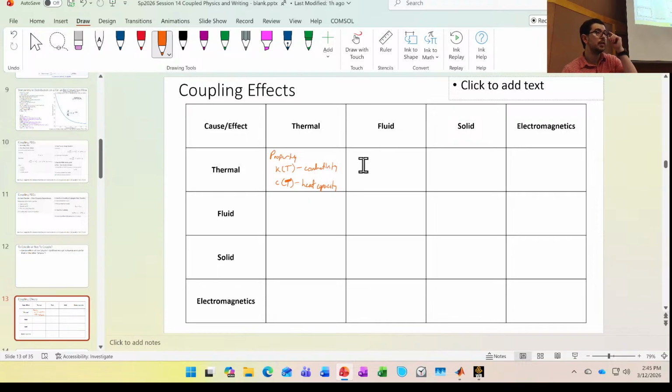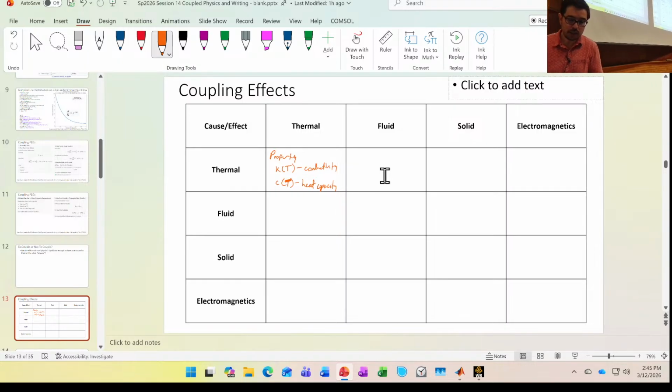How high the temperature is affects how fast or how slow the fluid is going. Okay, so let's say there are a couple of things.